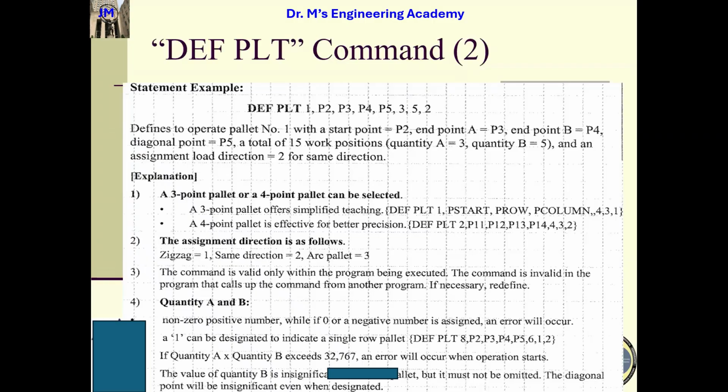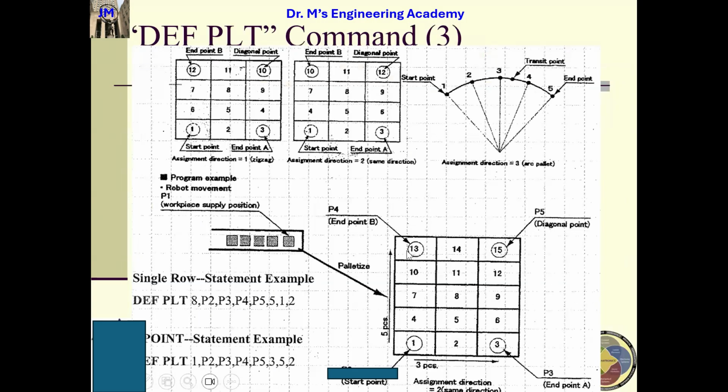In our lab, I'm going to ask you guys to define a palette on this conveyor belt. Conveyor belt is 1D, right? So this is an arc palette, so the direction of palette equals 3. You can just take a look at this one, but I'm going to use this to illustrate how we define the palette.